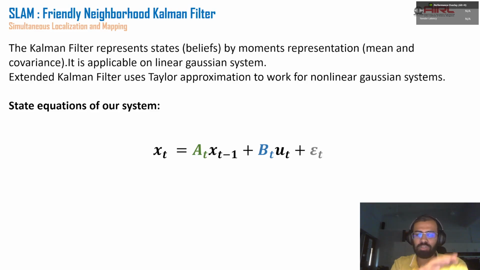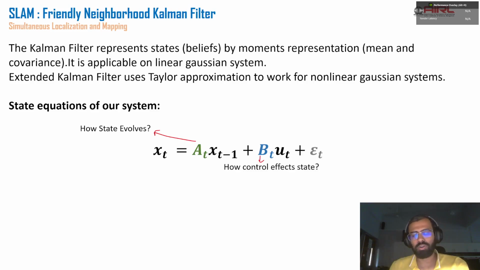This is what we are trying to predict, so this is the prediction part. Given my control input ut, this xt minus 1, and some noise epsilon t, we'll look at how it starts. I'll give you an intuition why this works: At tells you how the state evolves over a period of time, and Bt tells you how a control input gets converted into a state update.